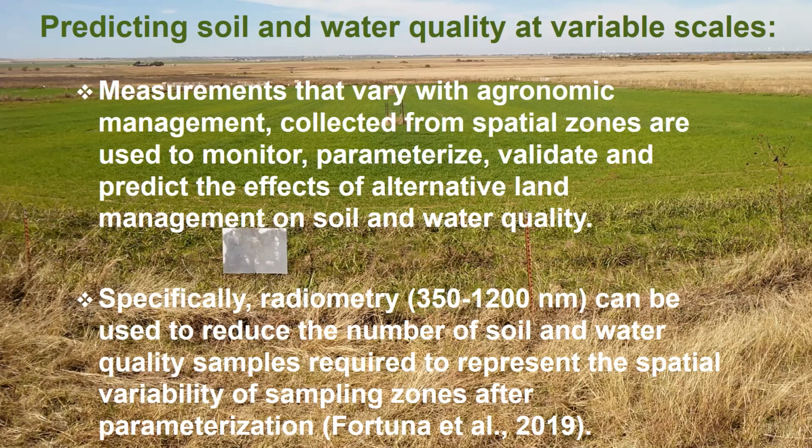So if we started with 100 samples, and we had a validation that was sufficient, in the next sampling, we would take 10 random samples and actually process those. And the other 90 locations we could either measure in situ with a radiometer or use the radiometer in place of the laboratory analysis. So this is a big step forward to being able to scale up.